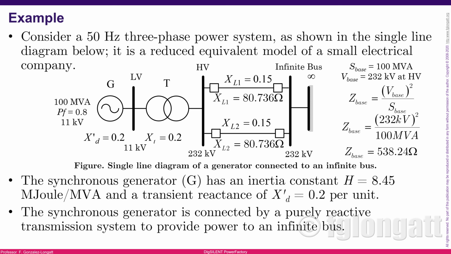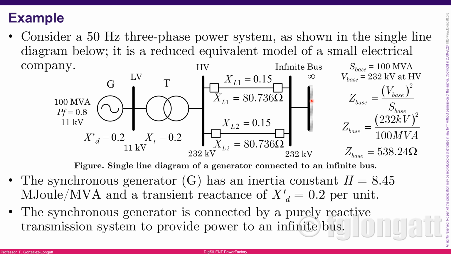In this slide, in particular, you can see that we have the generator, the transformer, the transmission lines and the infinity busbar, okay? The first thing that you need to understand is that inside PowerFactory, you need to use real units.